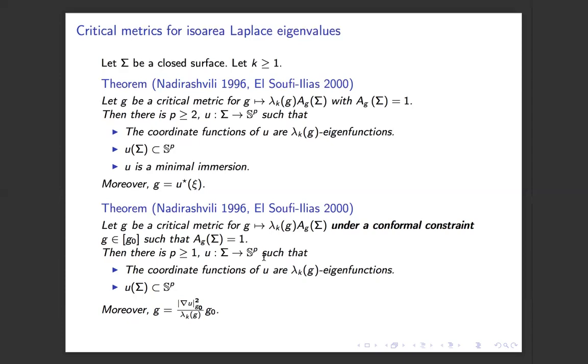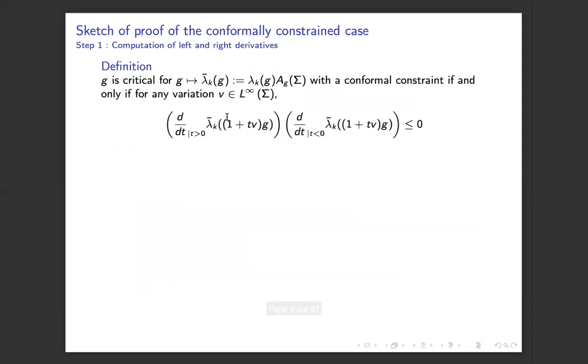Okay, so let's give a short proof of this result, which is simpler to prove than the previous results, but the spirit is the same for all the other results. For this sketch of proof, I give a definition of being critical.